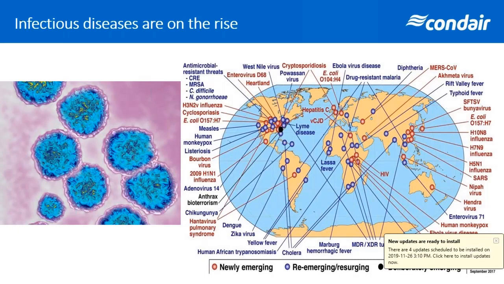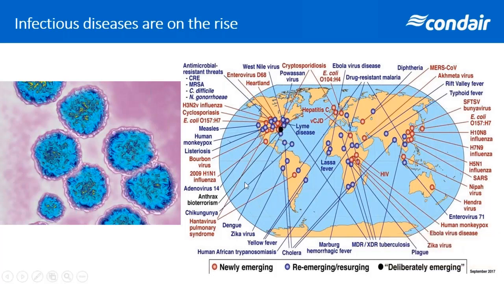These are previously known microbes that have evolved, as well as altogether new combinations of genes which have created new pathogens. So when I say pathogens, I'm referring to microbes, bacteria and viruses that cause disease.